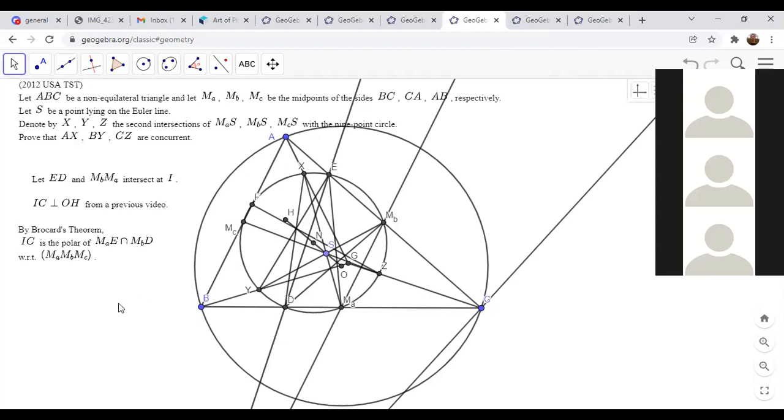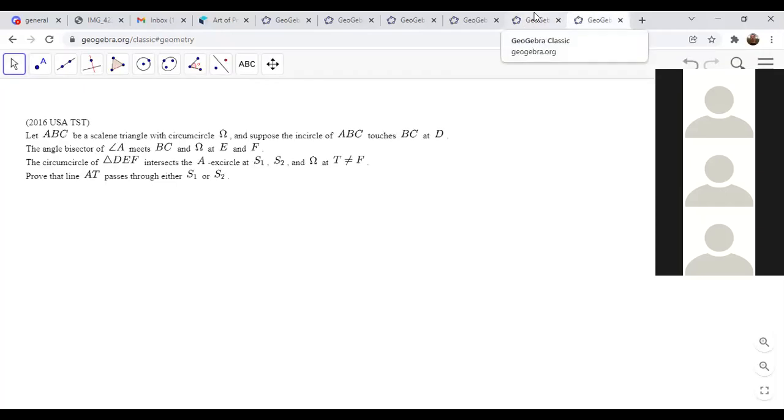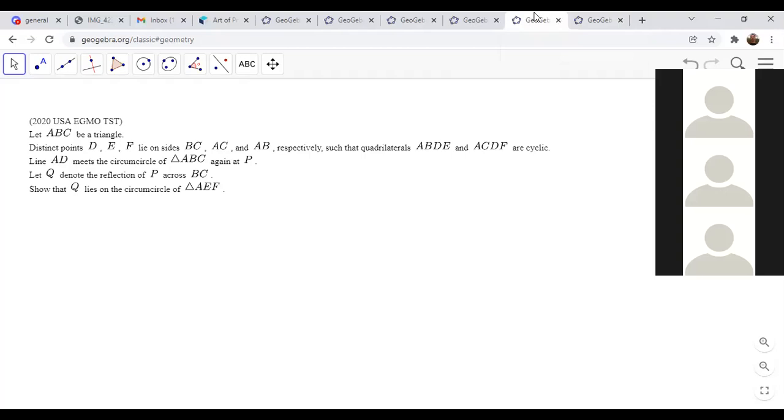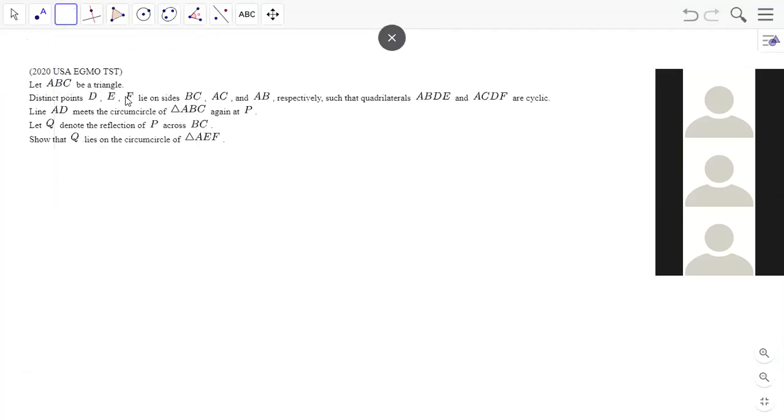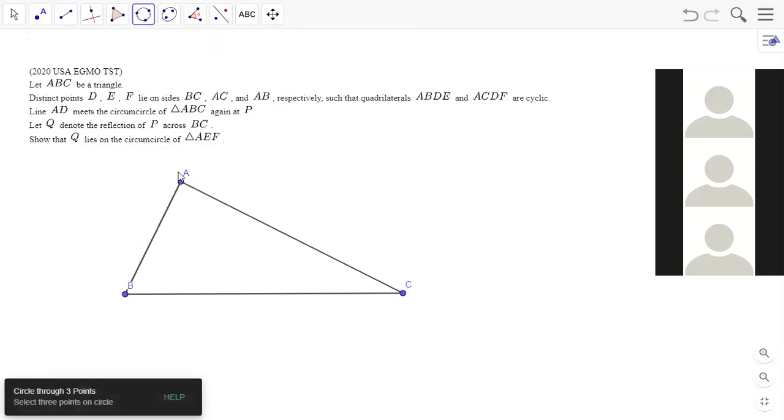Yeah. All right, I'm going to move on to, okay, so this one is from the European Girls' Math Olympiad. So we have a triangle ABC, and we have some cyclic quadrilaterals ABDE.